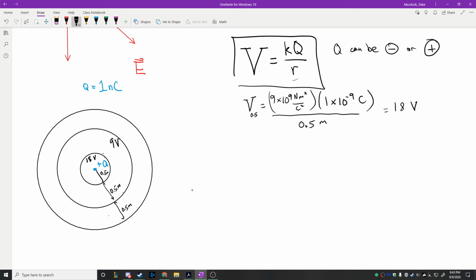So this would be 12 volts. Wait. It's not 12. That doesn't make sense, right? Okay. Oh, I know why. It's 9 divided by 1.5. Yeah, 6. Okay. That makes way more sense.